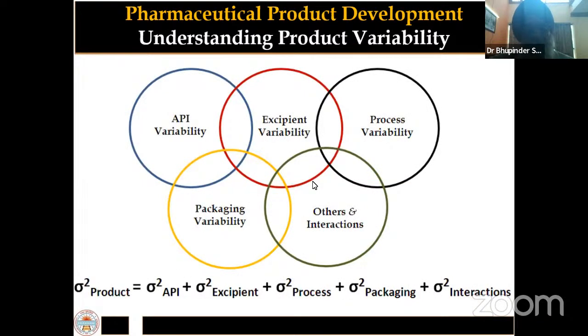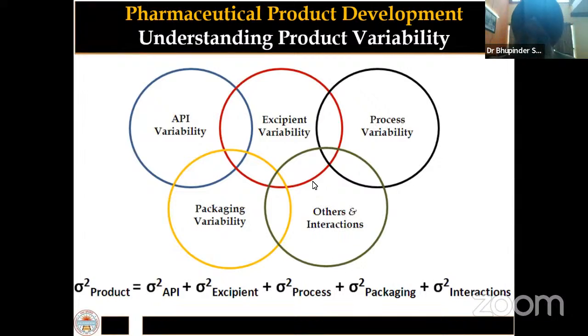And this variability is splittable into various possible variabilities. Continuing from the previous slide, it could be the variability in API, variability in various excipients, variability in the processes, variability in the packaging, and so many possibilities of interactions: API with API, API with excipient, excipient 1 with excipient 2, excipient 1 with excipient N, and then excipients with processes, API with processes, API with packaging, excipients with packaging, process with packaging.